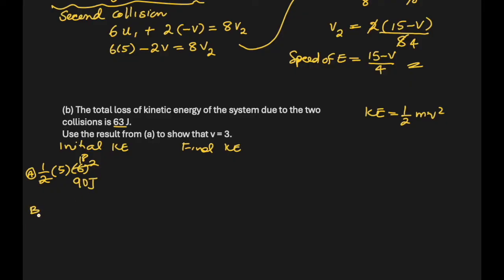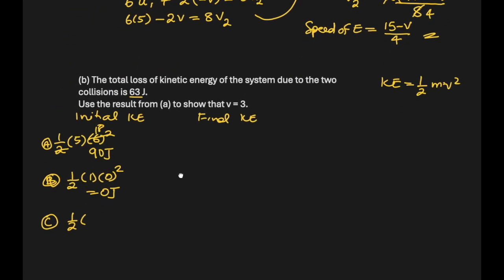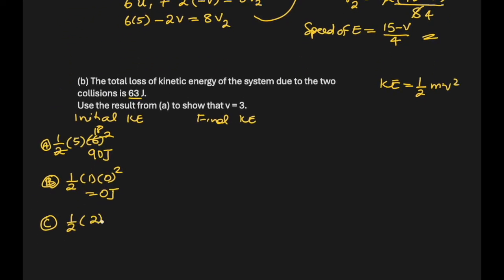B was stationary, so it won't have any kinetic energy, so 0 joules. For C, half, and the mass was 2 kilograms, and speed was v. So 2 and 2 cancel, just v square. This is the initial kinetic energy.